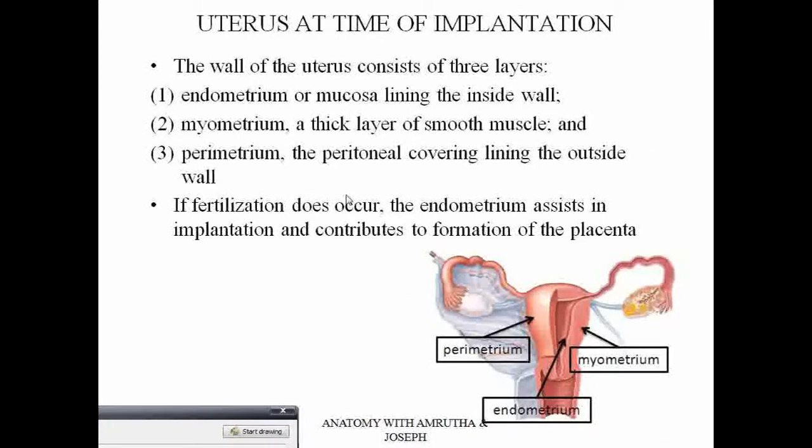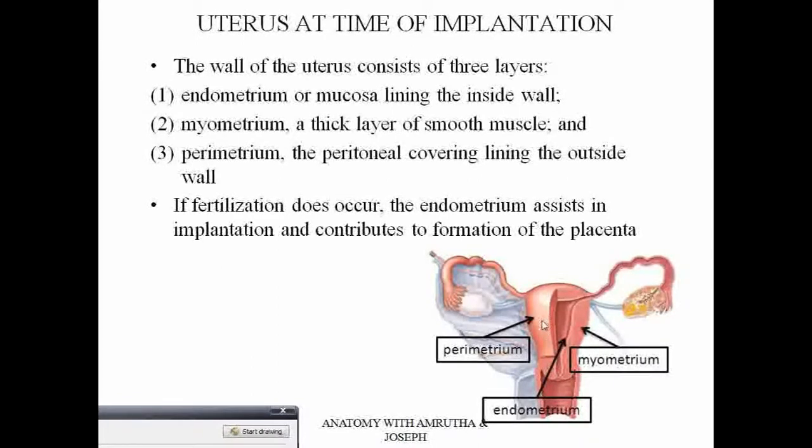Now what is the status of the uterus at the time of implantation? The wall of the uterus generally consists of 3 layers: the endometrium, which is the inner layer or mucosa; the myometrium, made of smooth muscle; and the perimetrium, the peritoneal covering seen on the outer aspect.